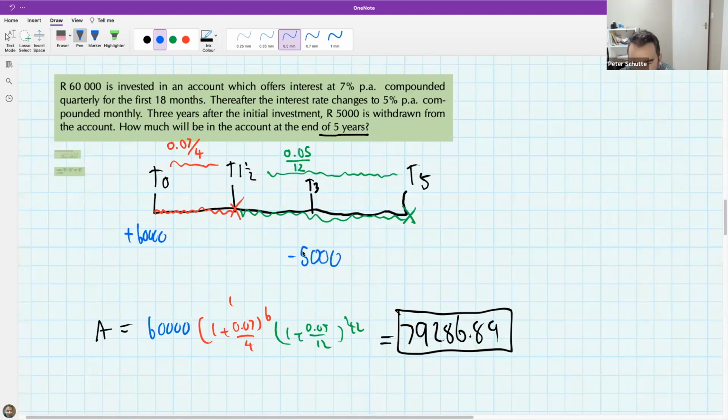Why do you think I say minus 5,000 instead of plus 5,000? Okay, so it's to help my brain understand, look, 60,000 rocks up over here, it grows and it gets there. Here, this is taking money out. Okay, so you all understand why it's a minus.